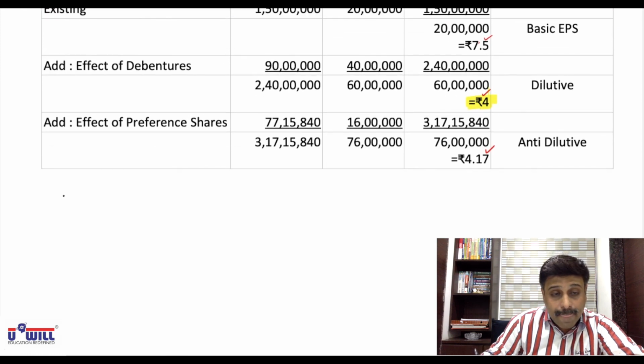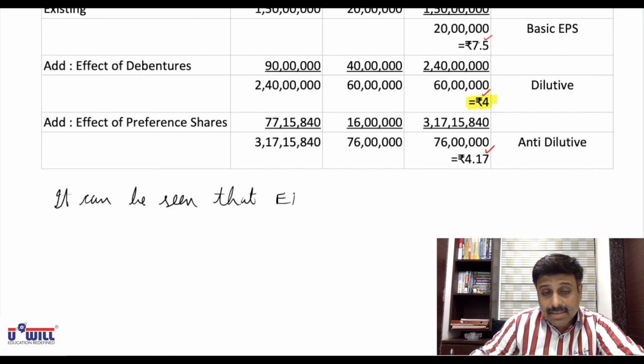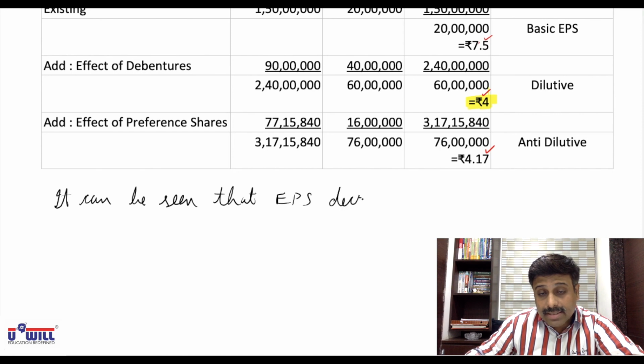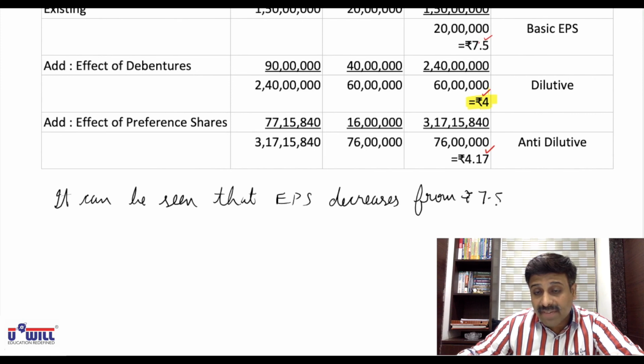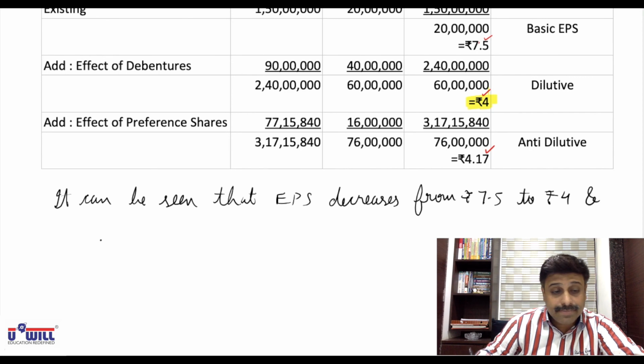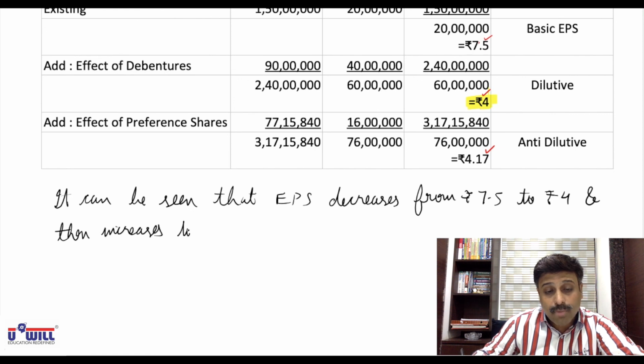So you will say that it can be seen that EPS decreases from rupees 7.5 to rupees 4 and then increases to rupees 4.17.